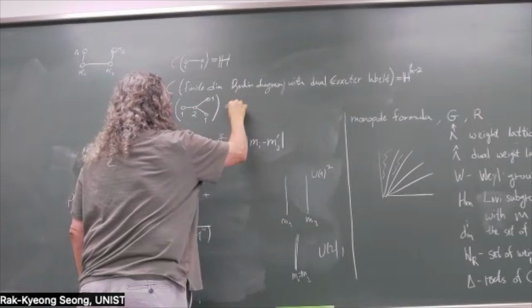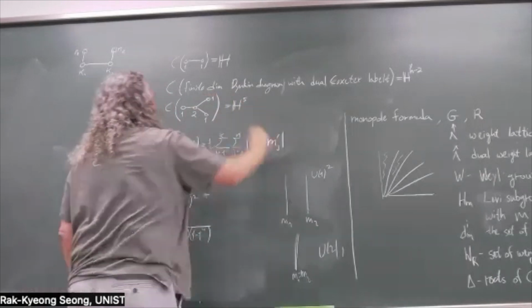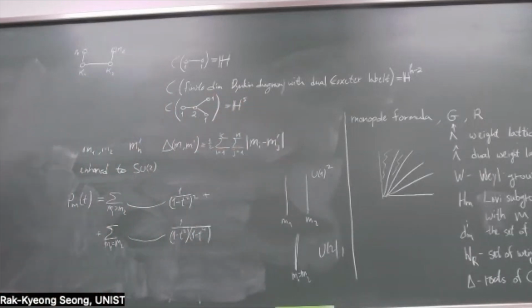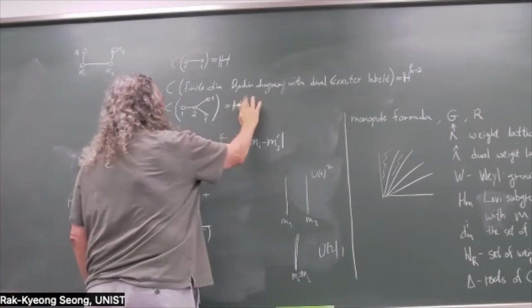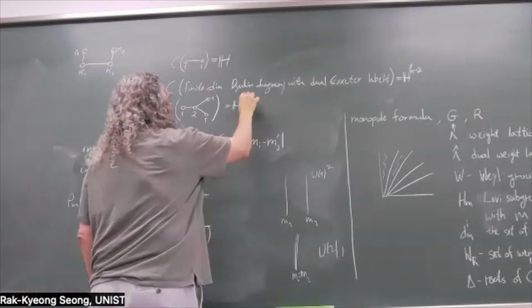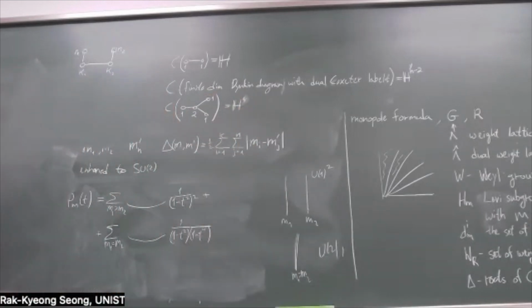Which has 12. H4. It's minus 2, not minus 1. Okay. This is the Dynkin diagram for D4.